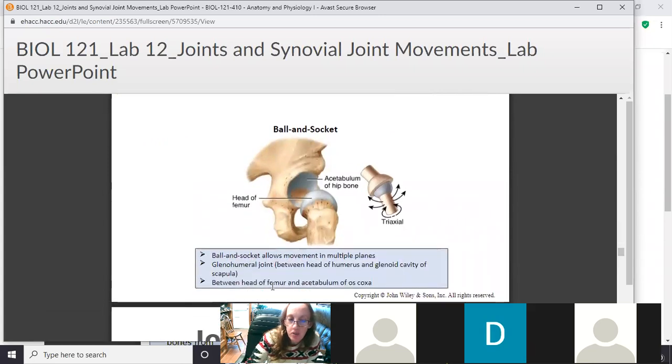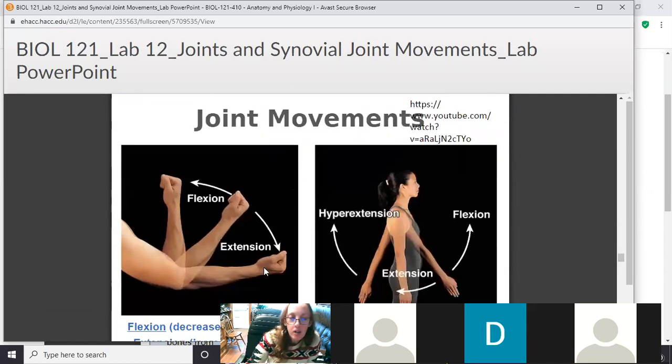Ball and socket between the head of the femur and the acetabulum of the coxa. The glenohumeral joint. All right, thank you. You're welcome.